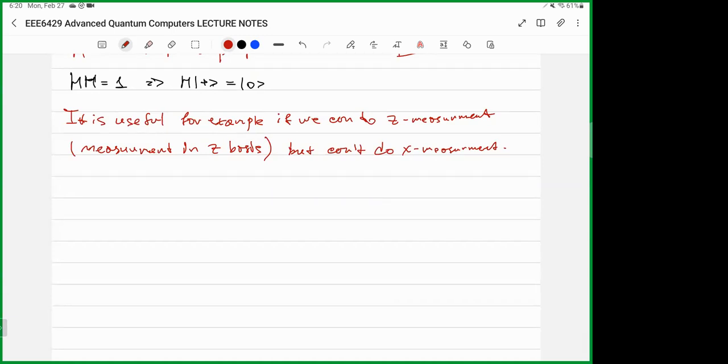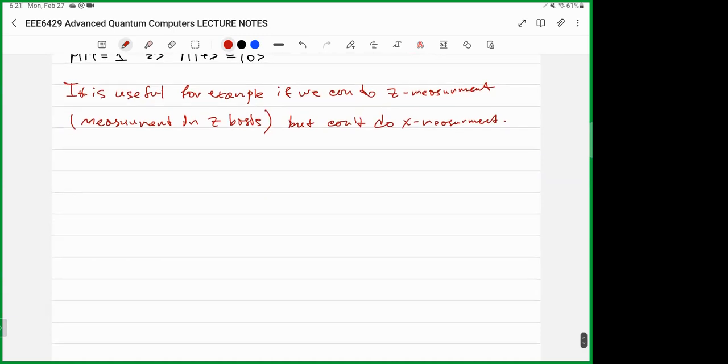And another example, or another reason why the Hadamard gate is important, let's consider as an exercise. So let's do this exercise. The exercise is to show that the following is true.